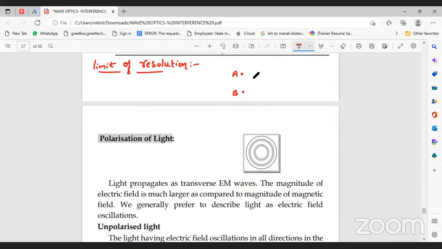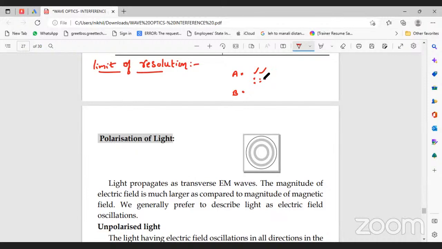Now I'm going to bring these 2-point objects still closer, like this. Still you can notice, right? Yes, sir. Still I will bring them closer. Still you can notice the 2-point objects.